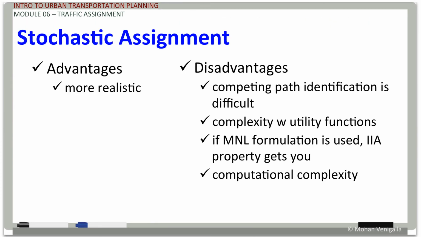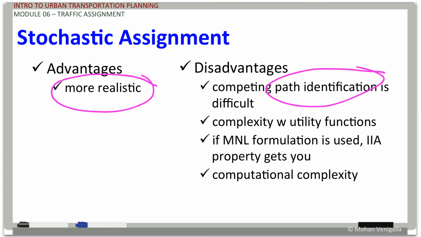Now, advantages and disadvantages. It's very realistic. This is how things work in real life. But there's the issue of competing path identification. Those three paths are only the ones Google gave me, but I know there are at least 7 different ways I could get here. So which of them are really my competing alternatives?